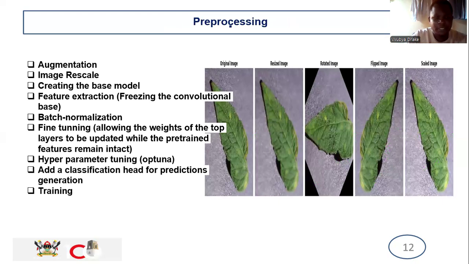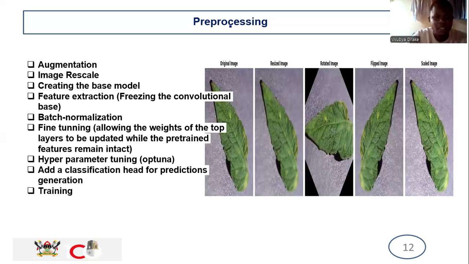So under pre-processing, we did different techniques. We started with data augmentation using techniques like resizing the images, rotating the images, and flipping the images to increase the number of images, to solve the problem of the small data set and all the challenges caused by the small data set.